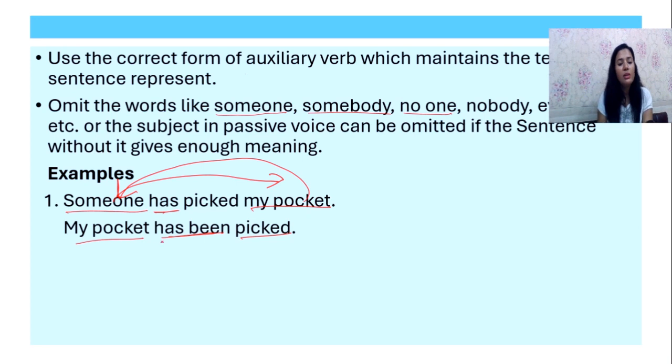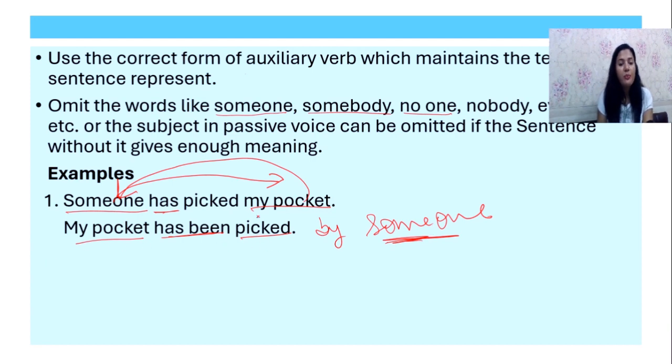There is no need to write a subject as an object like by someone. Why is it not necessary to write the subject as an object? Because the subject is unknown. You know the subject. Who does it? So there is no need to write, and the sentence is complete in its meaning.